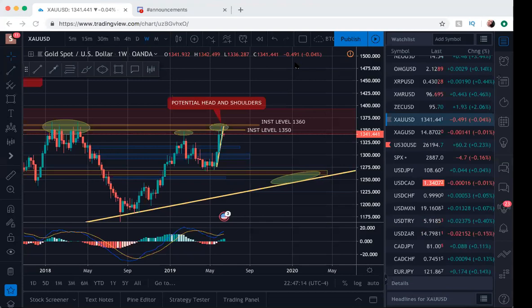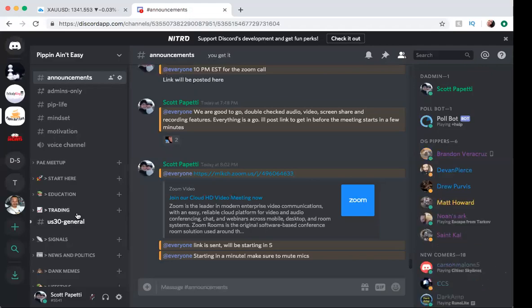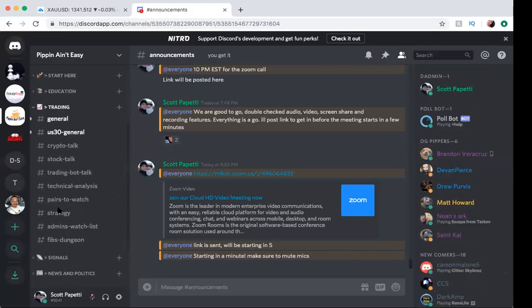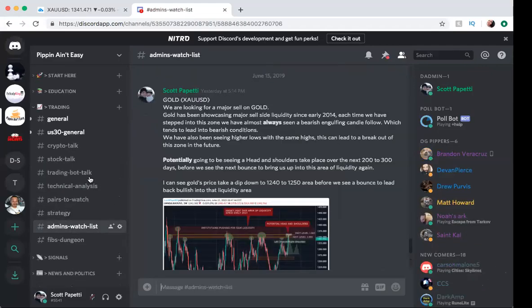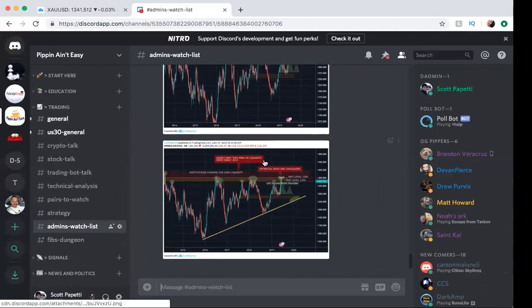But quick recap, I've went over currency indexes. If you guys want to know more on how I'm using that to gauge trades, I can definitely go over that more. If you want to know some trades I'm looking at, I've kind of posted them in the admin watch list. This is pretty much going to be huge for me.